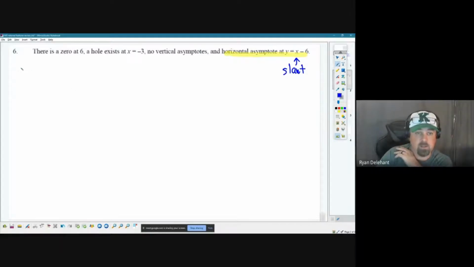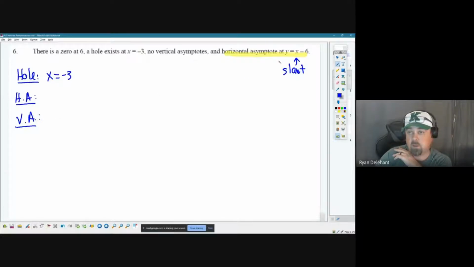So let's list all of our information off to the side. So the hole is at x equals -3. We did horizontal and then vertical, right? So horizontal and vertical. So horizontal asymptote is y equals x minus 6. Vertical asymptotes, that's a none.